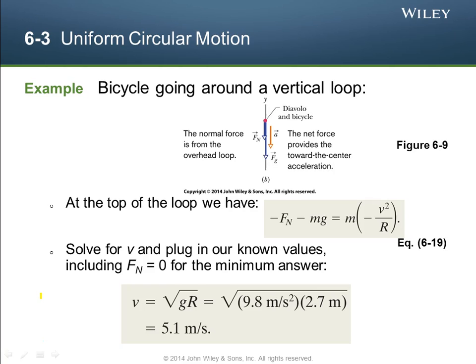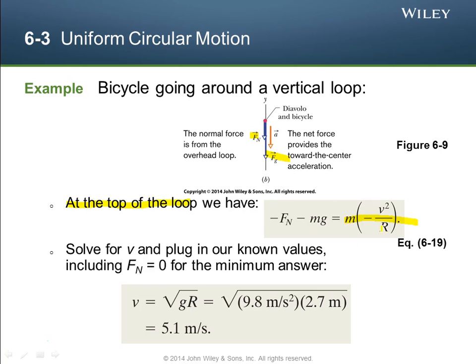And so we have more than just one force that's in the radial direction, what we call the direction of the radius. So let's say we're in a vertical loop, going through this loop-de-loop thing. At the top of the loop, we have the normal force that's going down and the weight of gravity. And that sum is equal to our centripetal force, which is mv squared over r.